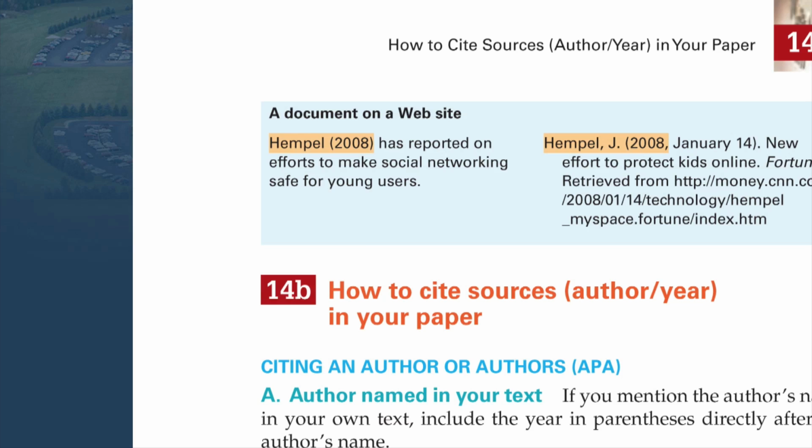So anytime you cite anything from a website, all you have to do is put the author's last name and the date of the copyright that the material was written. In this case, it says Hempel, and they put the 2008 right after his name. The other way you could do this one is if you put the 2008 in the parentheses after young users. So that would be after users within the period part of the sentence.